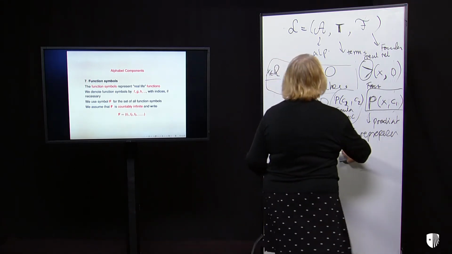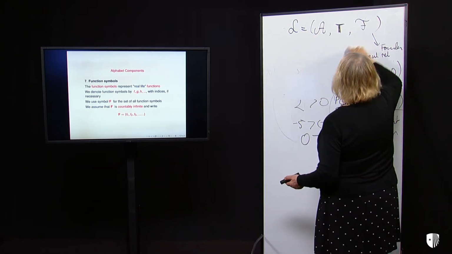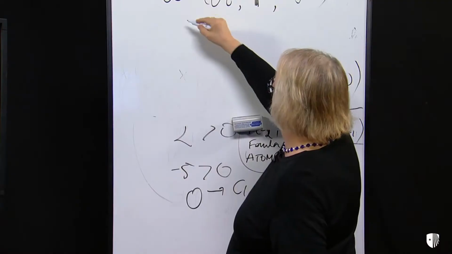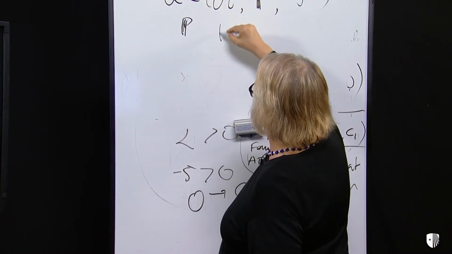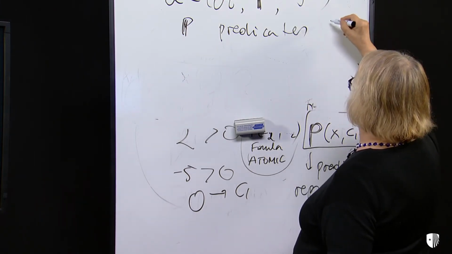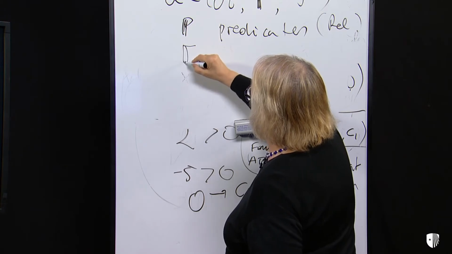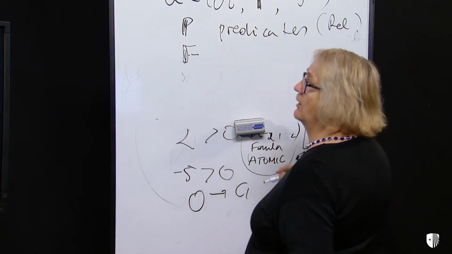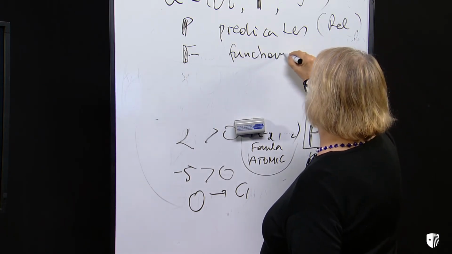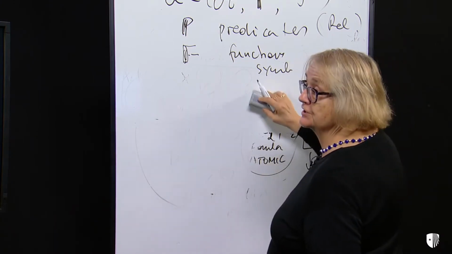When you look at a mathematical statement, we have P, the predicates, relational symbols, which represent relations. And now you have F, and they are called function symbols, which represent functions.